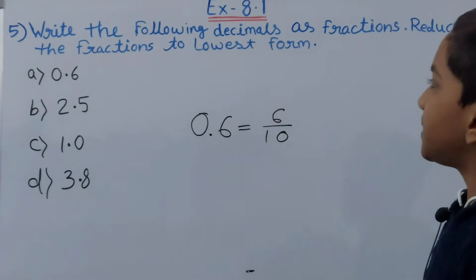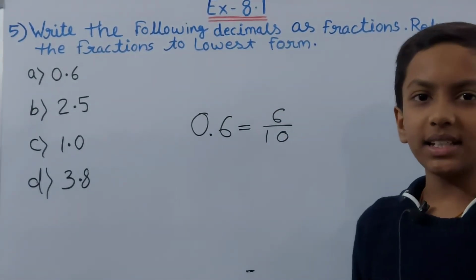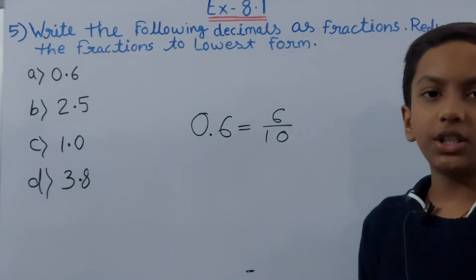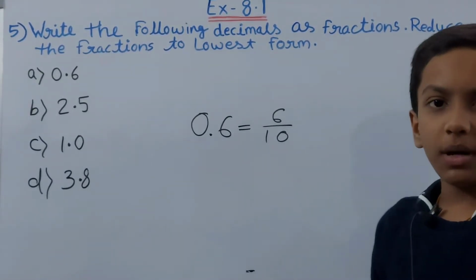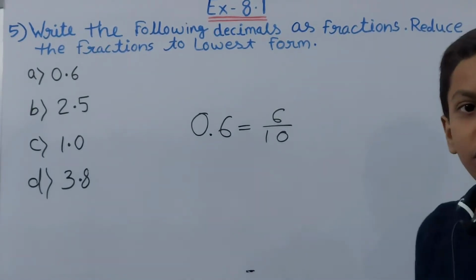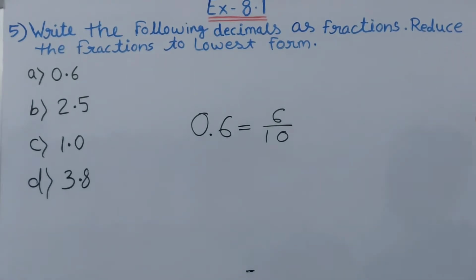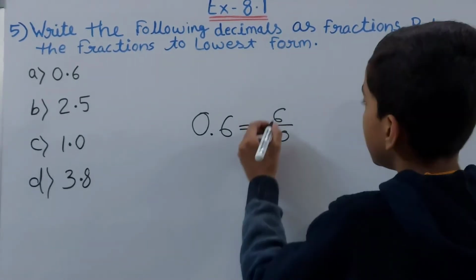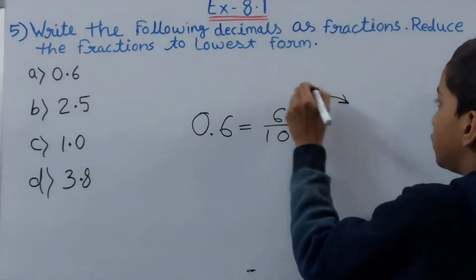So the first step is done, to convert the decimal into a fraction, and the second step is to reduce it to the lowest form. Can you look for a common divisor of 6 and 10? Yes, it is 2. So we are going to divide 6 and 10 both by 2.